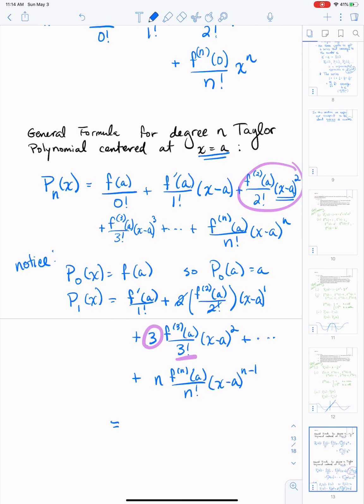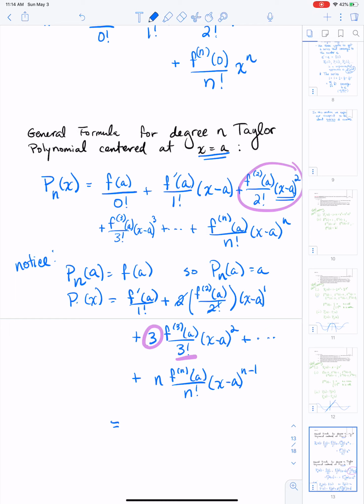So what I was trying to say here is that Pn of a is equal to f of a. So if I plug in a into this formula for Pn, all of the terms other than the first one become 0.